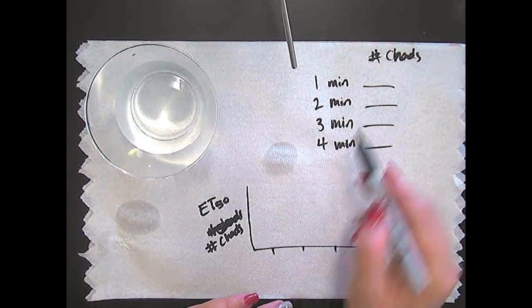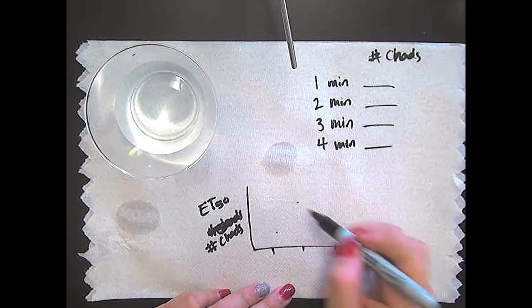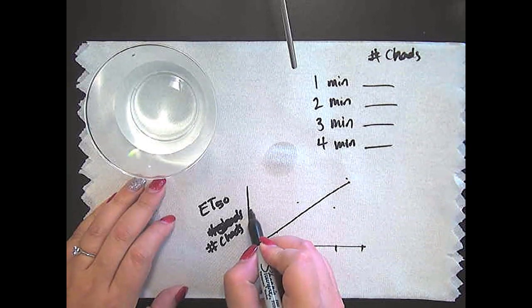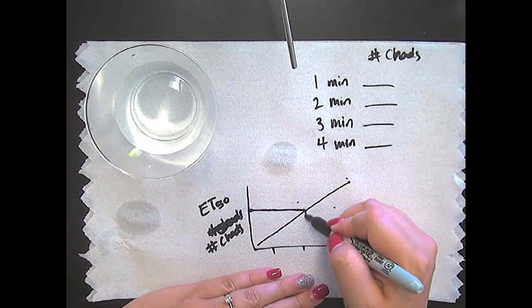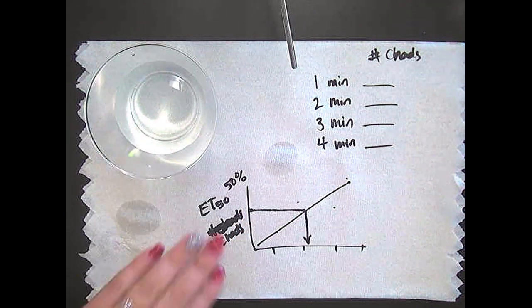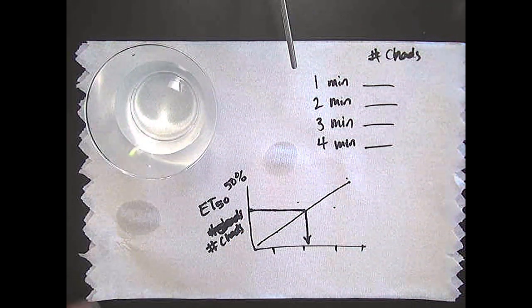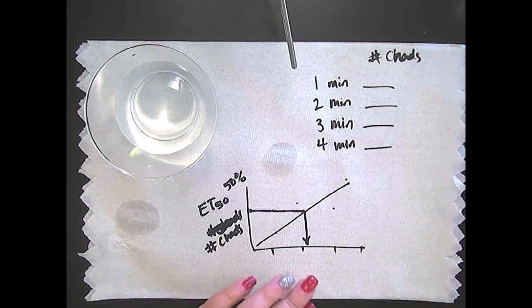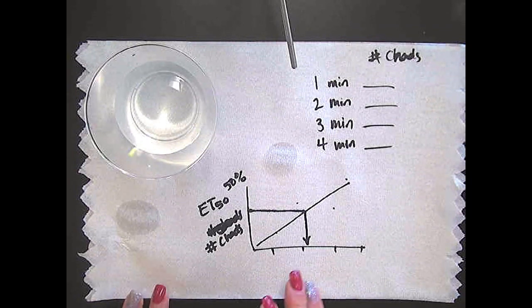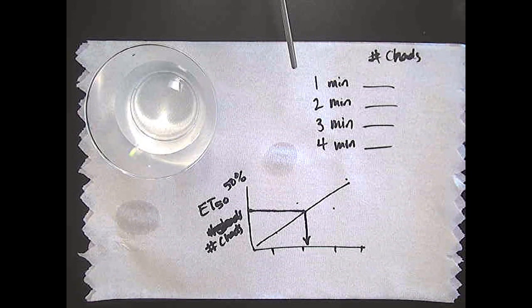You're going to use your data to make a scatter plot, find your line of best fit, and then find the time at which 50% of your chads are floating. Then we're going to compare the time on the control to the time that you got to see if there's any difference. So I'm going to cut this video and switch it over to the next one so that you guys can see the chads actually floating.